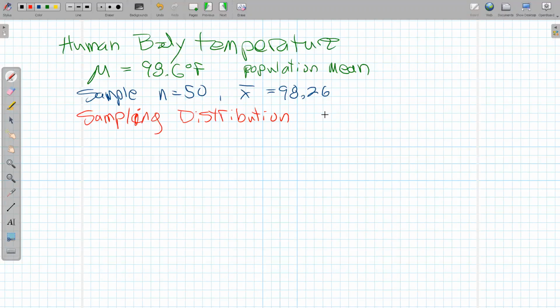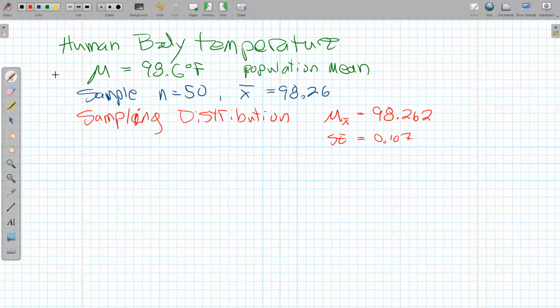The sampling distribution had a mean, and that's usually called mu x bar, which the book mentioned, but I haven't written that down in class before, 98.262 on my version of it. And they also gave me a standard error on that, which is the standard deviation of this sampling distribution, 0.107.